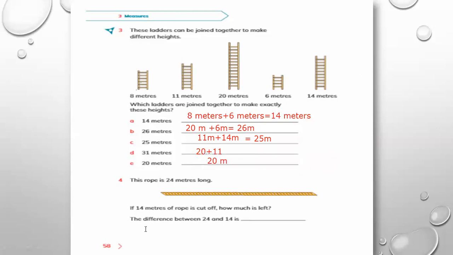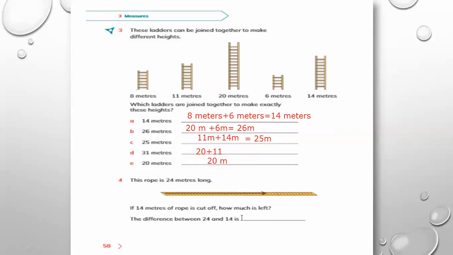Okay, so here if 14 meter of the rope is cut off, how much is left? The difference between 24 and 14 is, so look here, this rope is 24 meters long. So what we are going to do, we are going to cut 14 meters starting from here till here. So now how much meter is left that we are going to write?